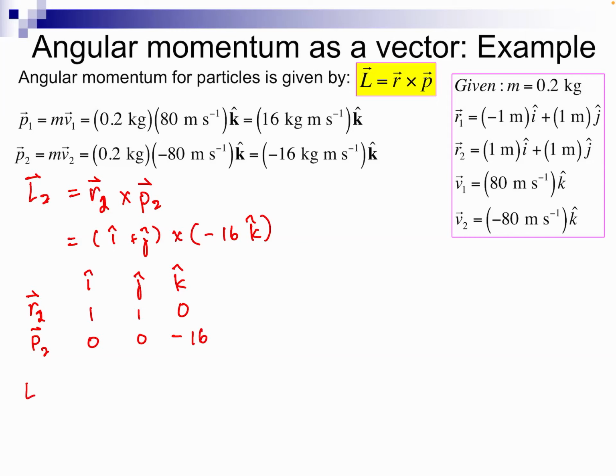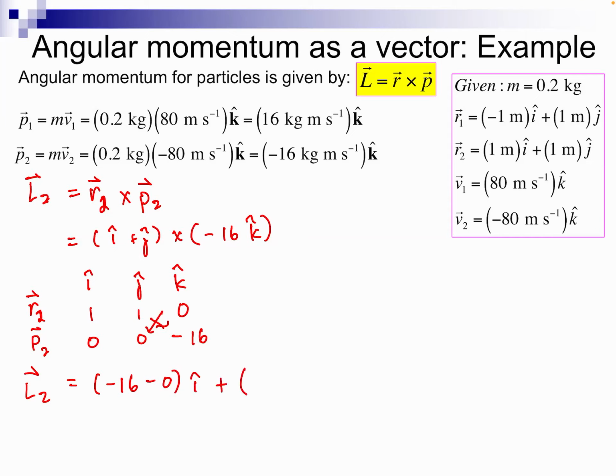When I do the determinant method, to get the i hat component, you cover the i hat column and do the determinant between the j hat and k hat columns. So you go 1 times minus 16 will give you minus 16, and minus 0 times 0 will give you 0. That's the i hat component.